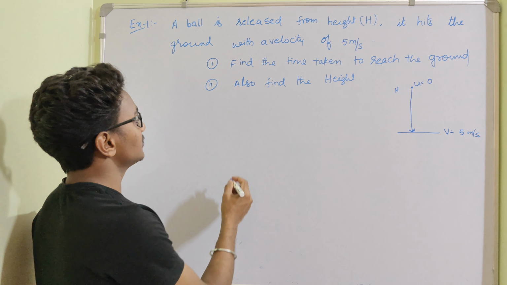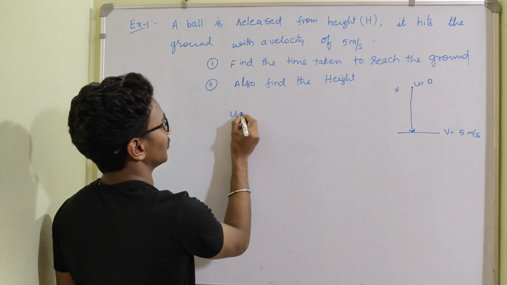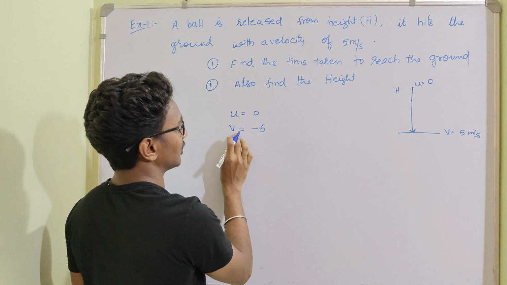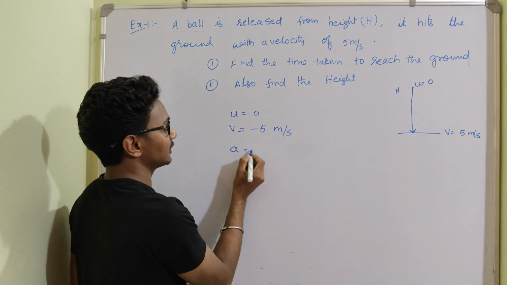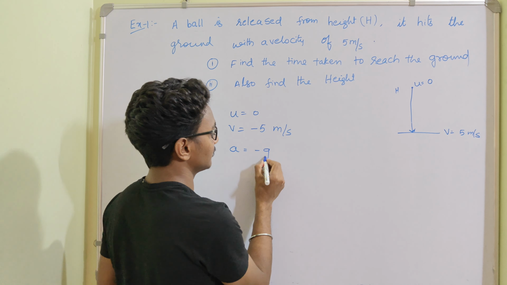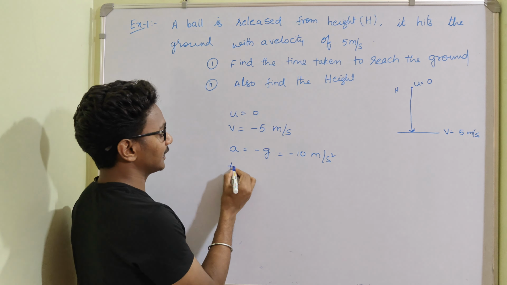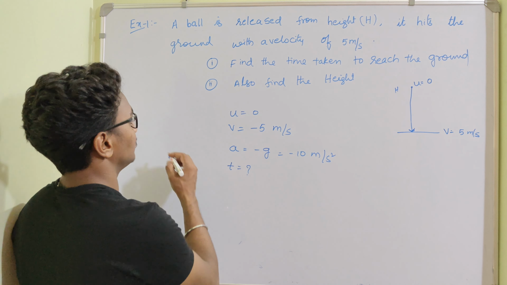From our sign conventions, in downward direction, velocities are negative. u is 0, v is 5, but negative 5, because in downward direction, we have to take negative values. Acceleration, we know that is negative g, that is minus 10 meters per second square. You need to find time. Look, v is given, u is given, a is given.